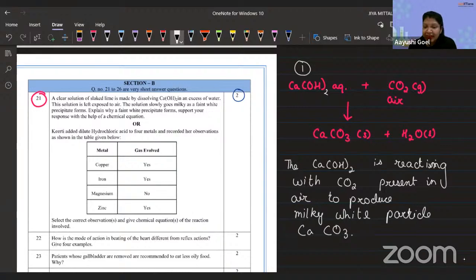This is the correct way of writing. If you don't write a complete sentence, you will only get 1 mark for writing the equation.